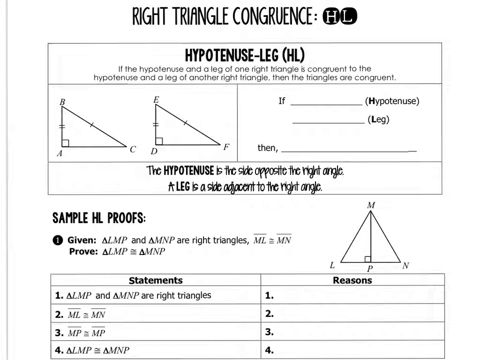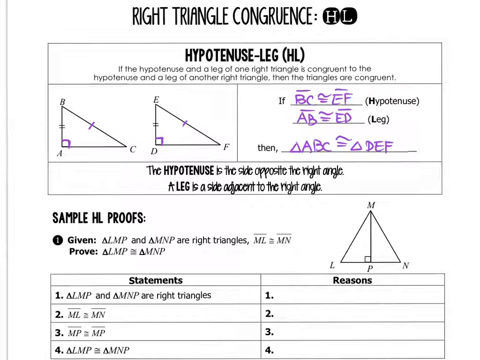This theorem states that in a right triangle, and remember, it only applies to right triangles, if BC is congruent to EF, which is the hypotenuse, if the hypotenuses are congruent to each other, and one of the other two legs is congruent to each other, then you've got a pair of congruent triangles, right?